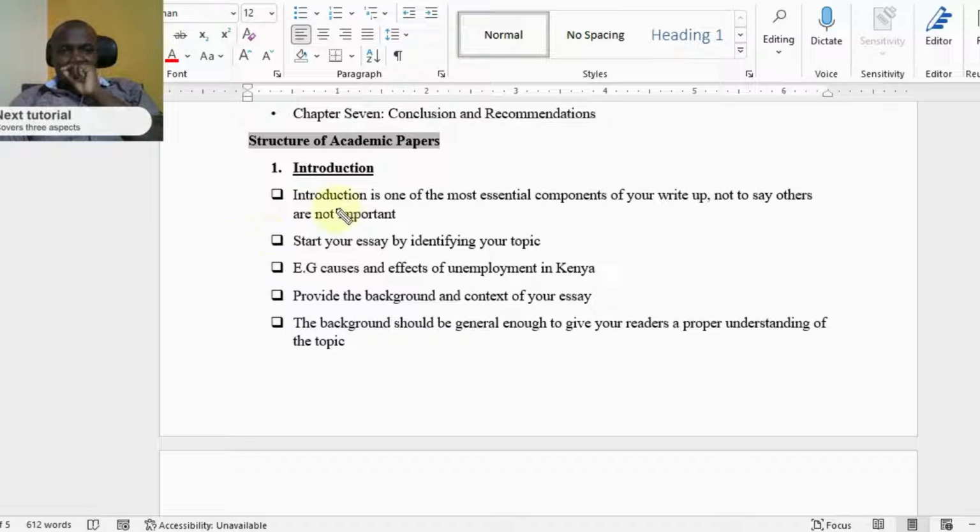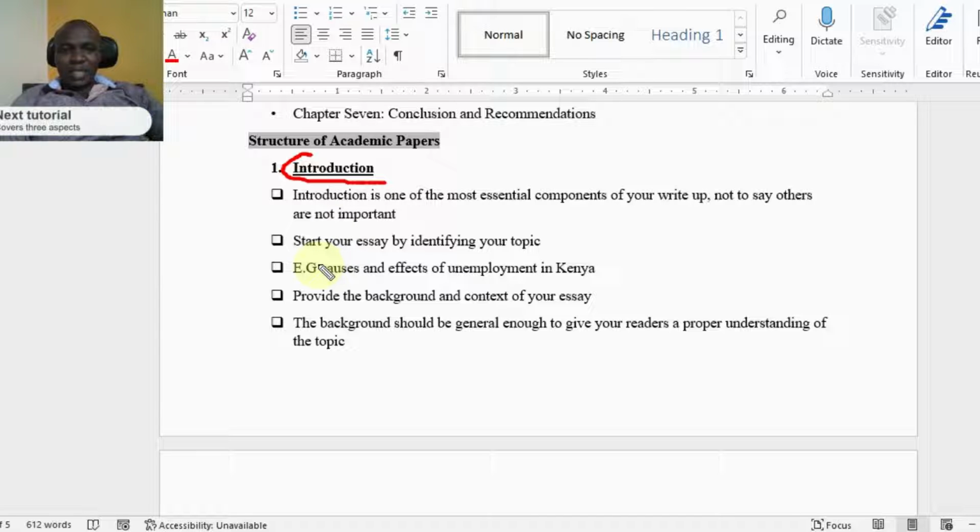The first part is the introduction. The introduction is one of the most important parts of your paper. I'm not saying that the rest are not important, but it lays out your claim. In fact, it introduces your topic to your audience.